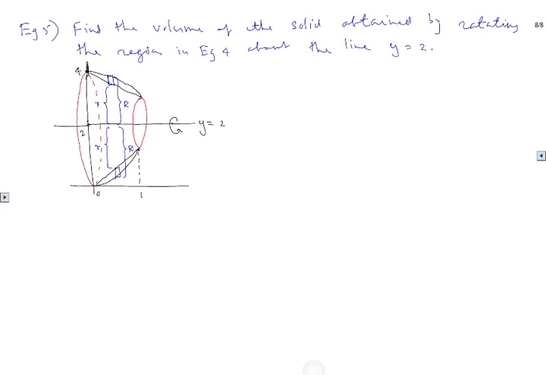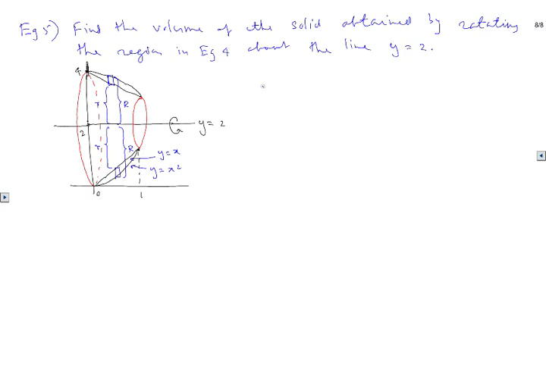We know what these curves are. This curve is y equals x squared, and the other one was y equals x. So what is the smaller radius? Smaller radius means smaller gap.